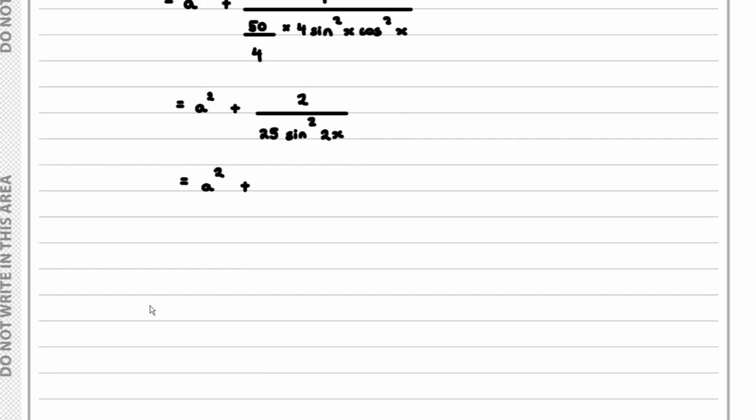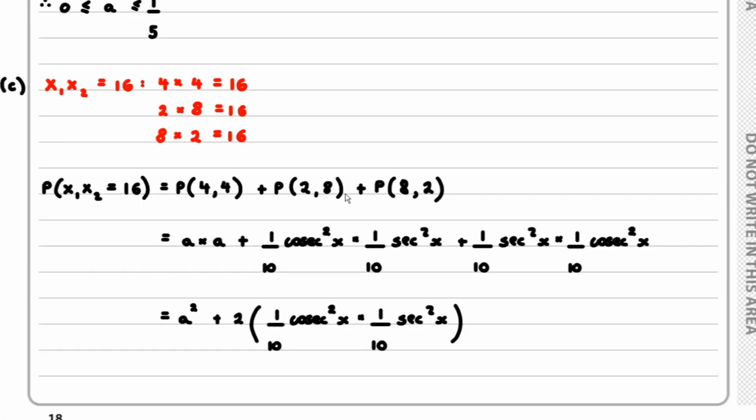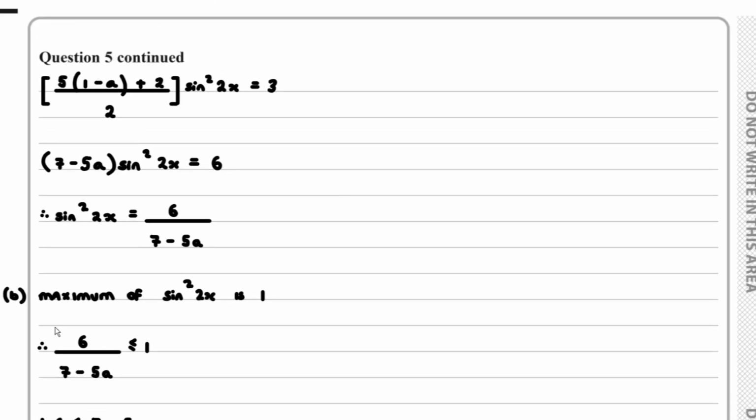So I've got a squared plus 2 over 25 times 1 over sine squared 2x. Now we know from part A, sine squared 2x is 6 over 7 subtract 5a.